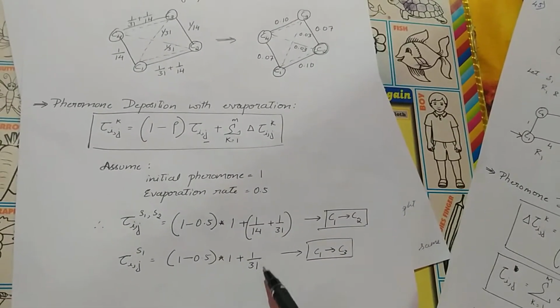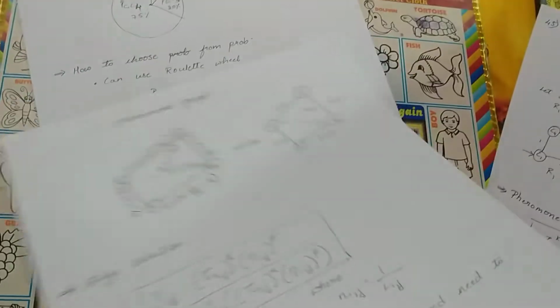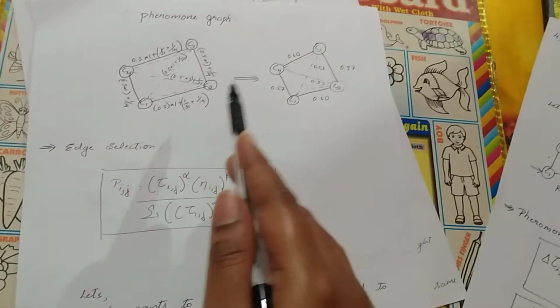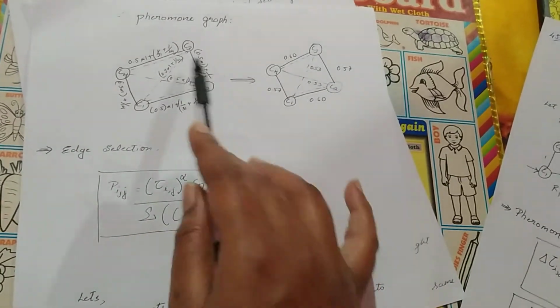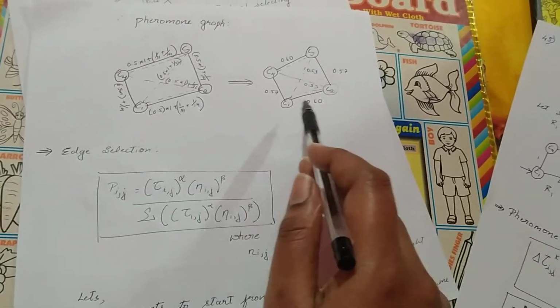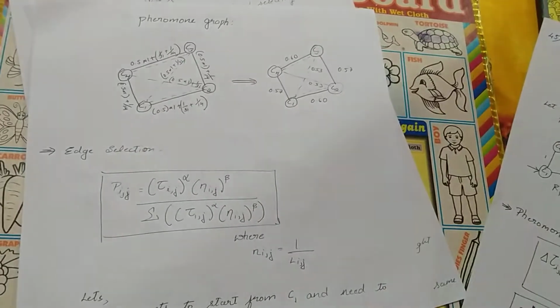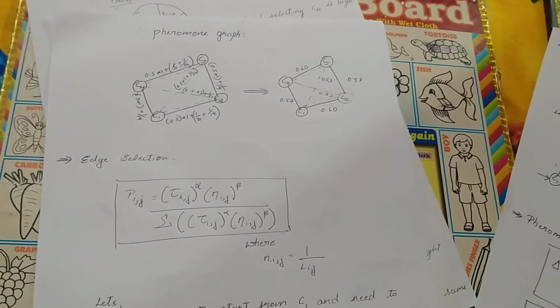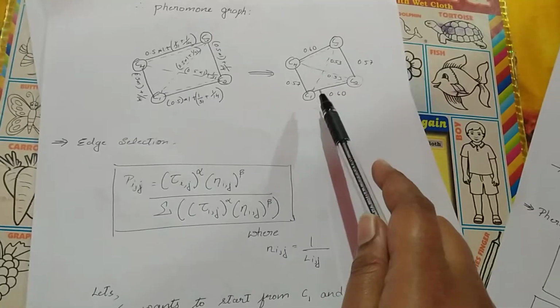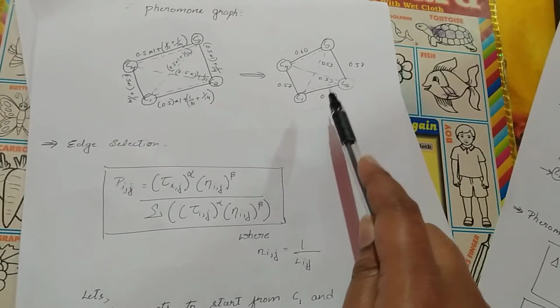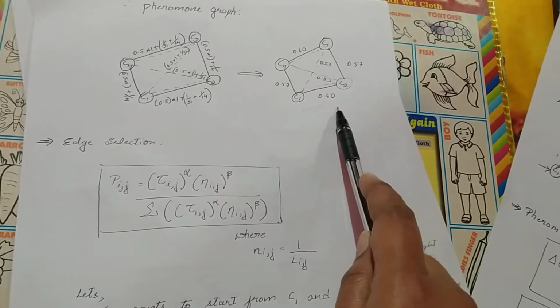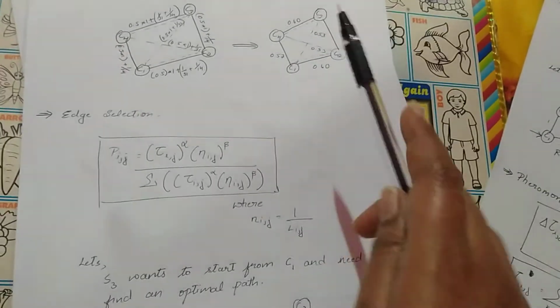This is the pheromone deposition. And this is the overall graph, where we calculated the values and represented them in decimal form. So this is the complete graph of pheromone deposition when considering the evaporation coefficient. So this is done.